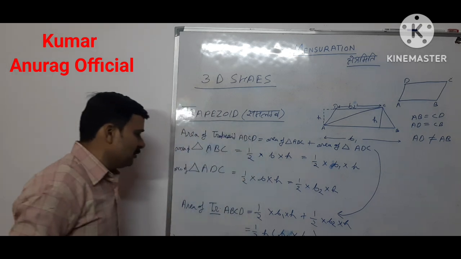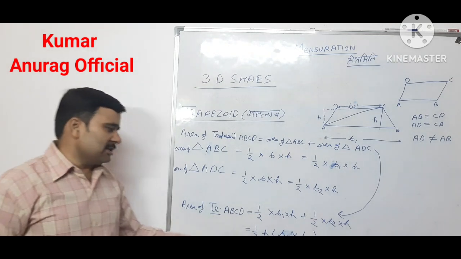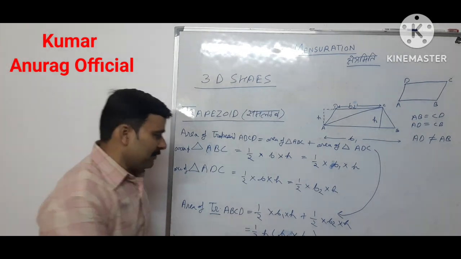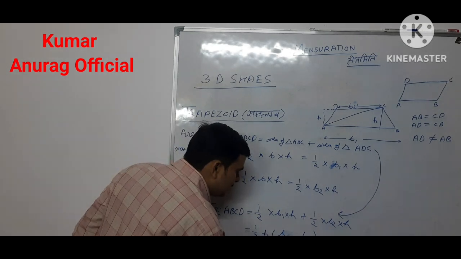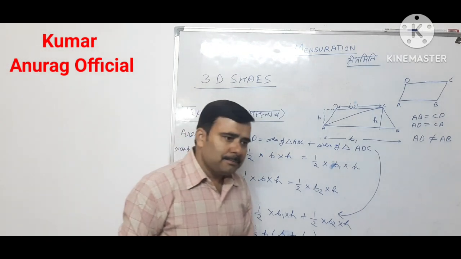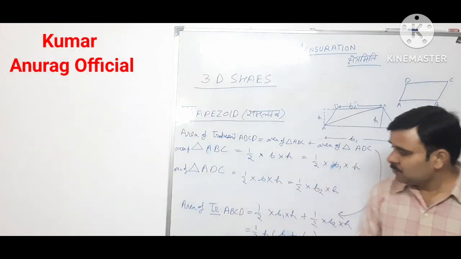So we have a formula that the area of any trapezoid is half height into B1 plus B2.